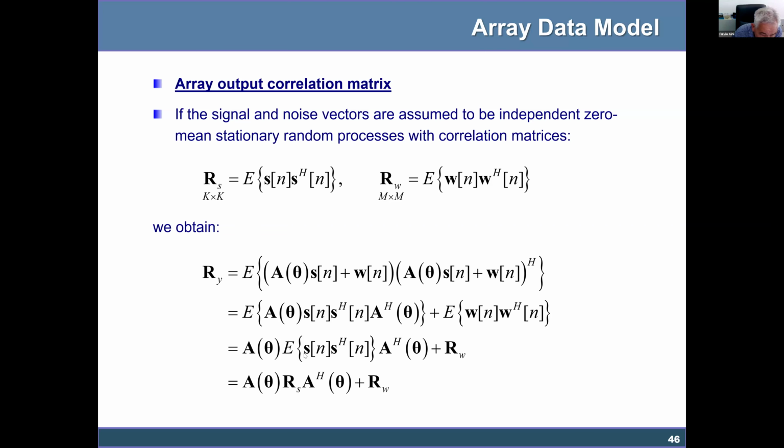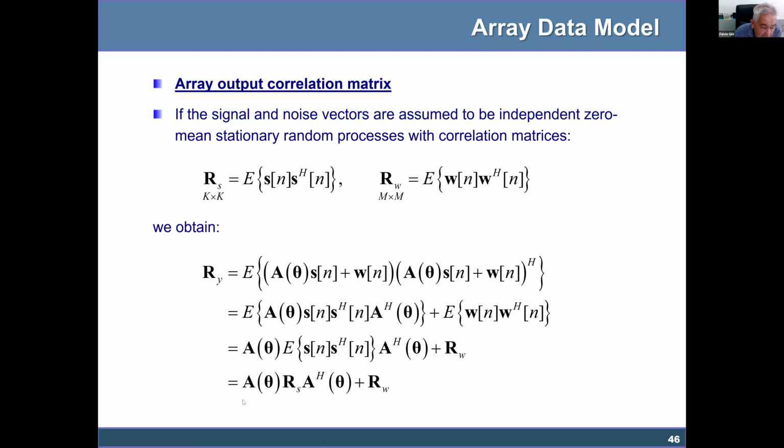So you remain with the expectation of S S Hermitian. By definition, this is the K by K spatial correlation matrix of the K signals generated by the K sources. So this is the correlation matrix of the signal, and this is the correlation matrix of the noise.